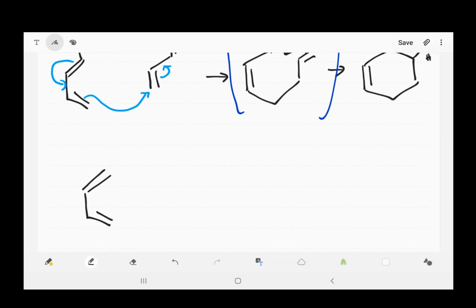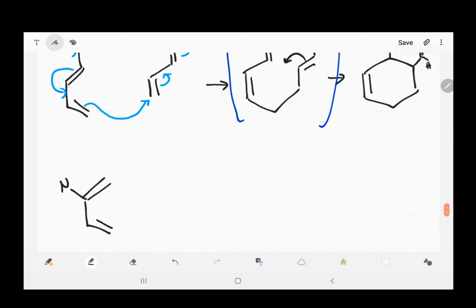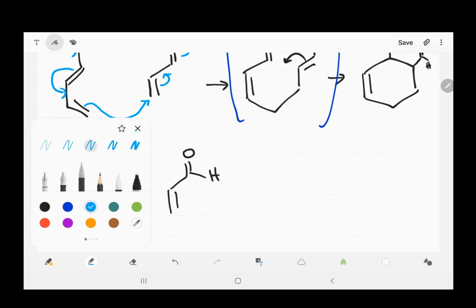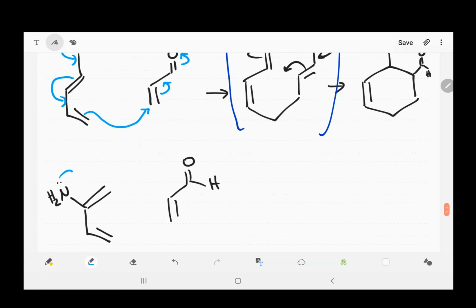Very good. If we have now instead our nitrogen over here, and our same dienophile, well, this time we're going to see that resonance would actually push electron density to carbon 1 here. So it's going to be pushing the electron density towards that carbon.